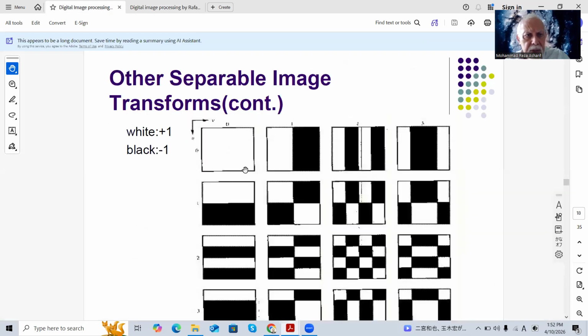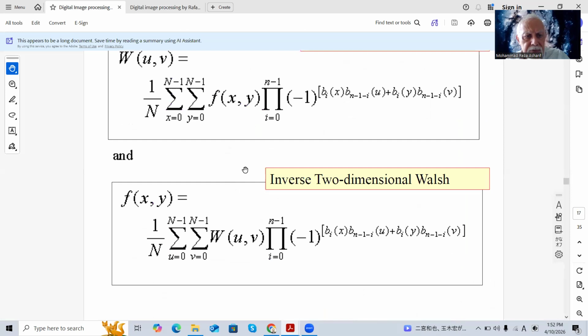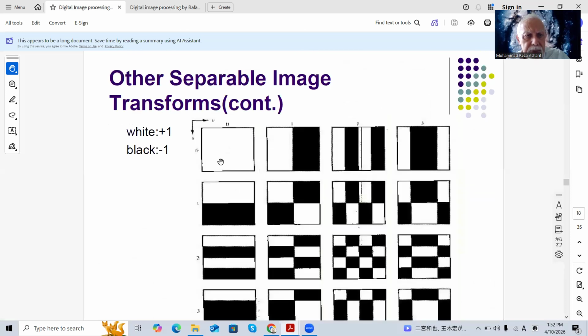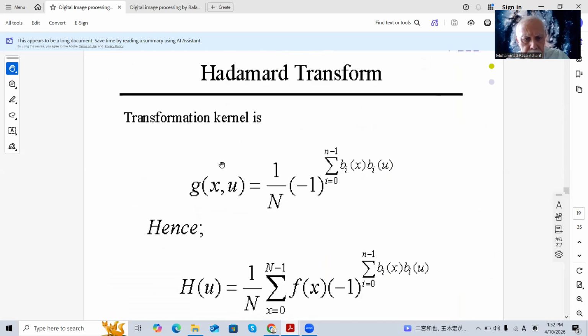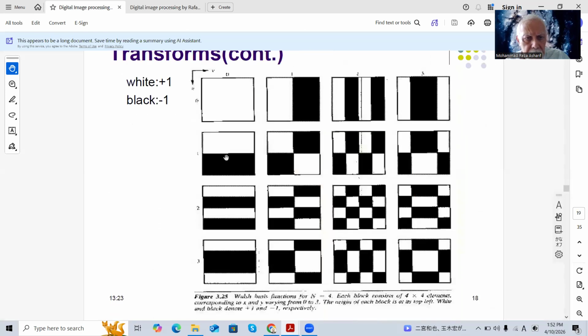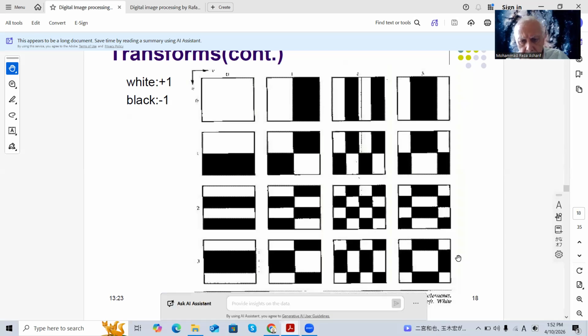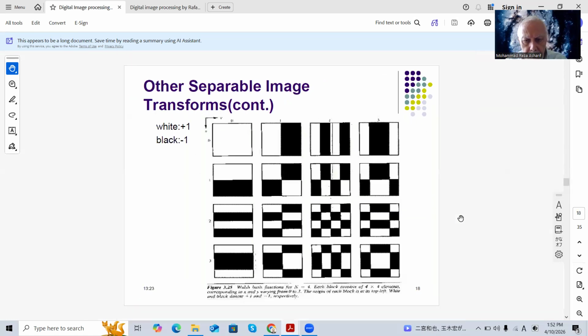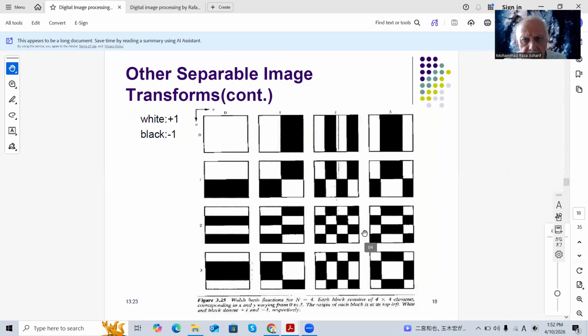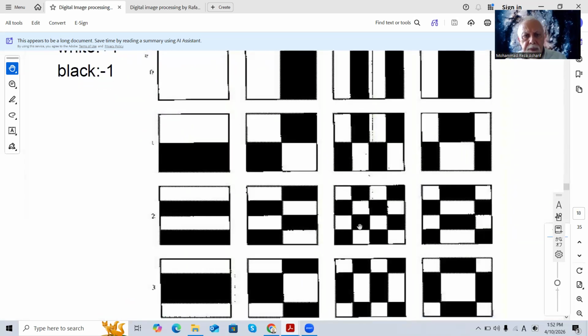Let me show you this Walsh transform. Okay, next page is this one.